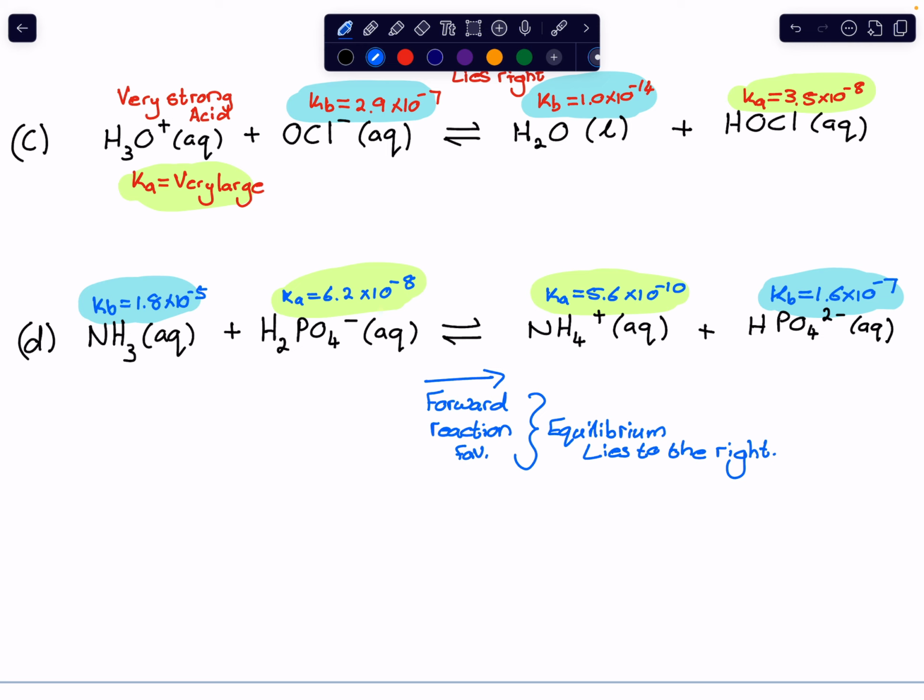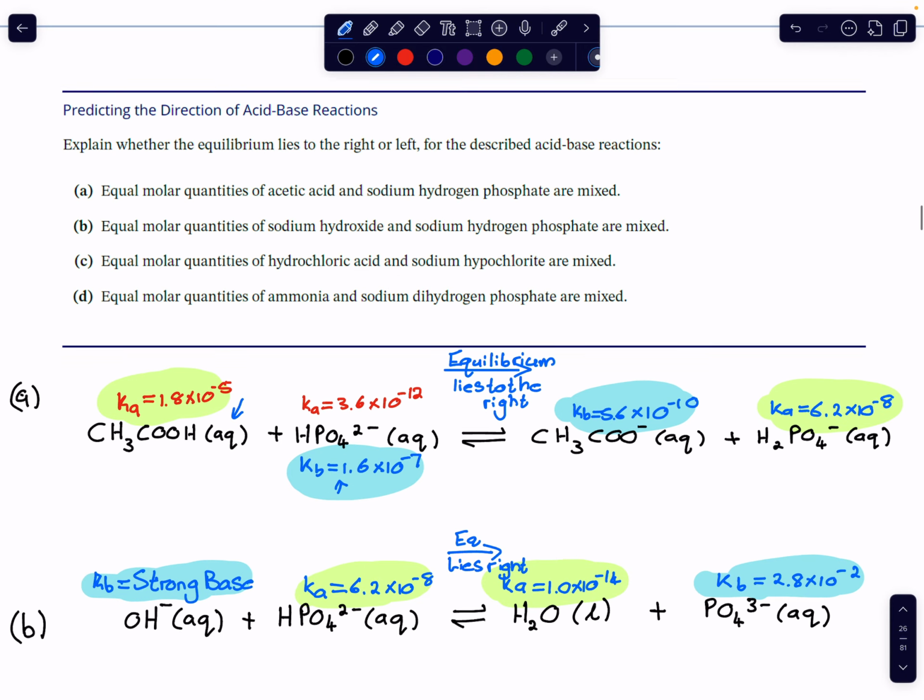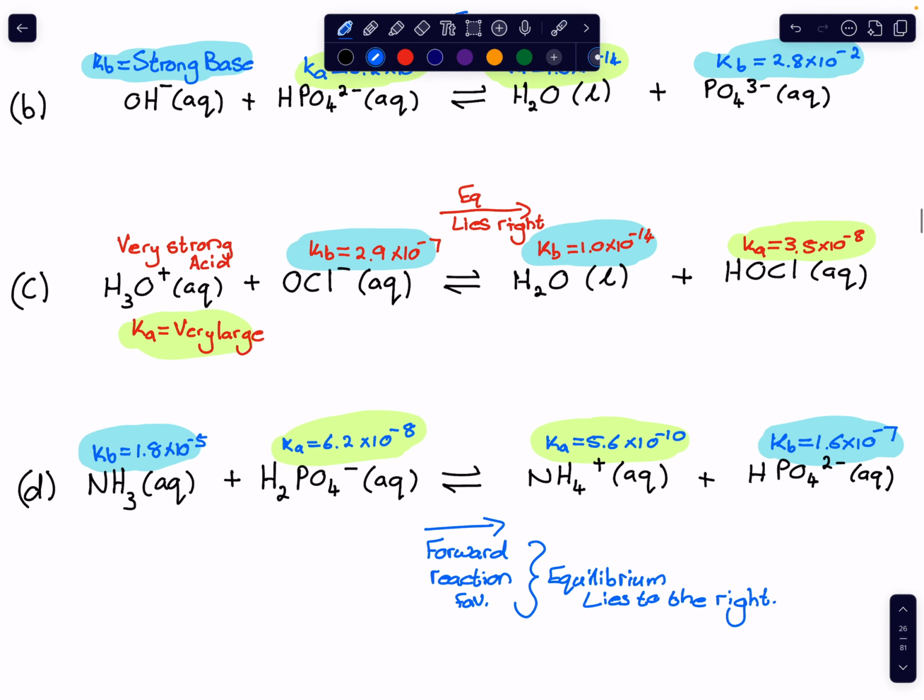It's almost product forming. So that is it for this question and how you need to analyze it. Always look at the Ka and Kb, and at the Ka and Kb of the conjugate acid-base pair that formed.